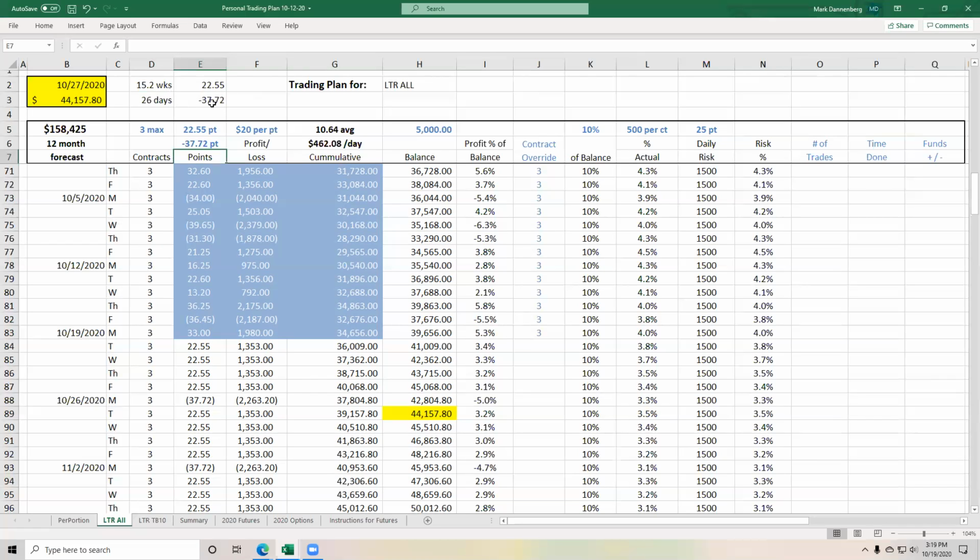So those numbers right there are very valuable, but the most important thing for you to do after you've traded and after you've entered your data into the personal trading plan, the next most important thing for you to do is to make sure that your forecast is based on your actual run rate. The fact that we have over 15 weeks of performance now in our personal trading plan says we've got a good amount of history.